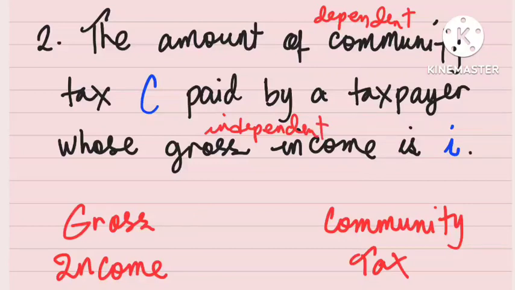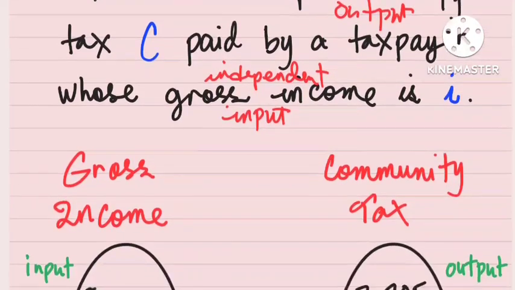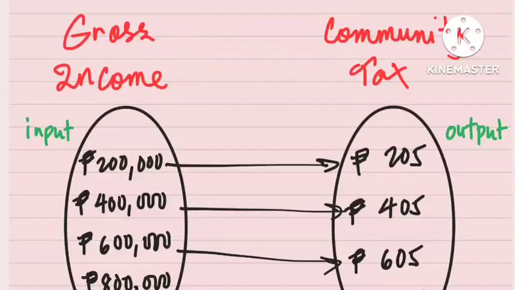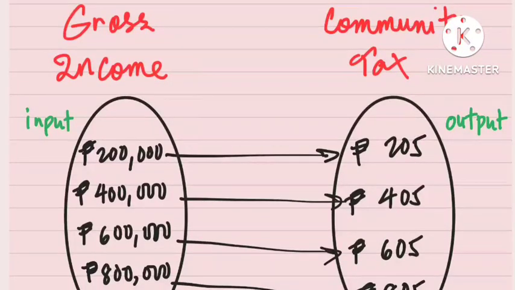And our input will be the independent, so our input here is gross income, while our output is community tax. Meaning, our domain is gross income, while our range is community tax.